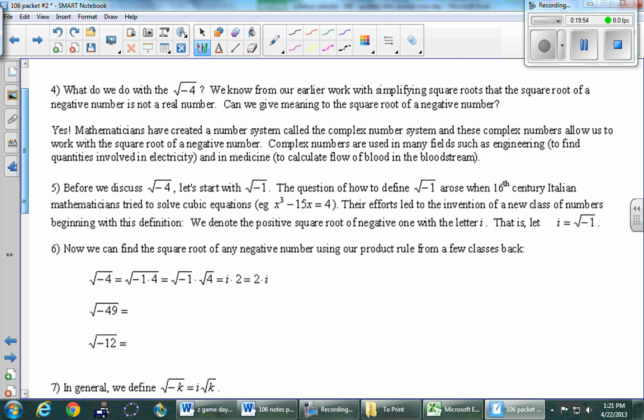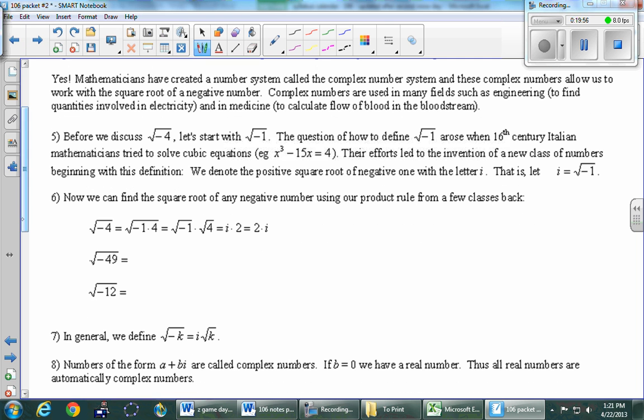What is the positive square root of negative 1?